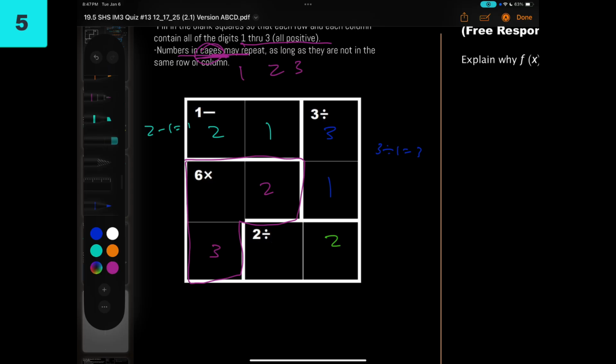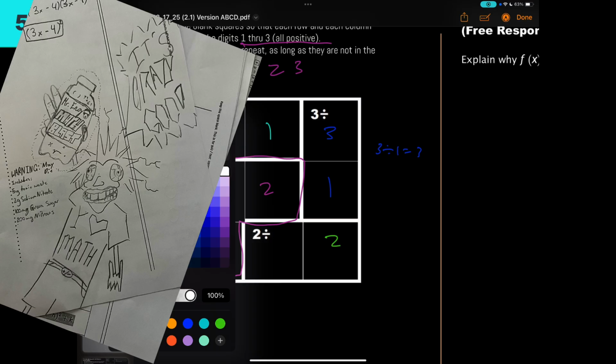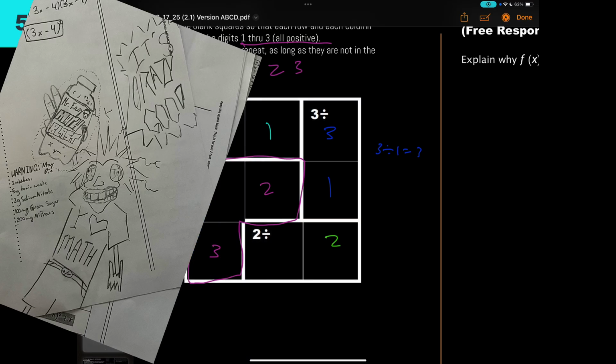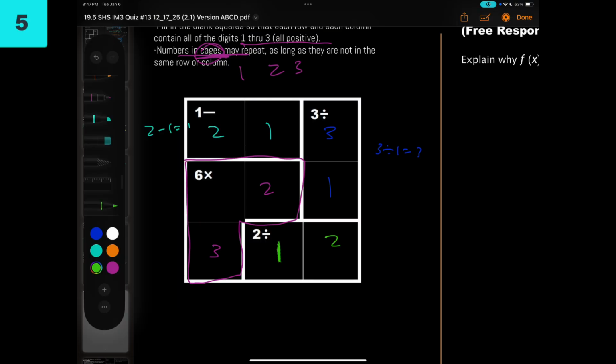I want this number to be a 1. It's not working, so I can switch it.